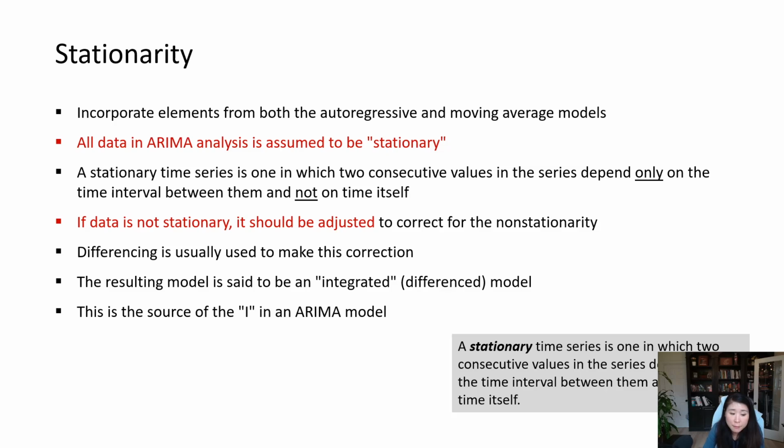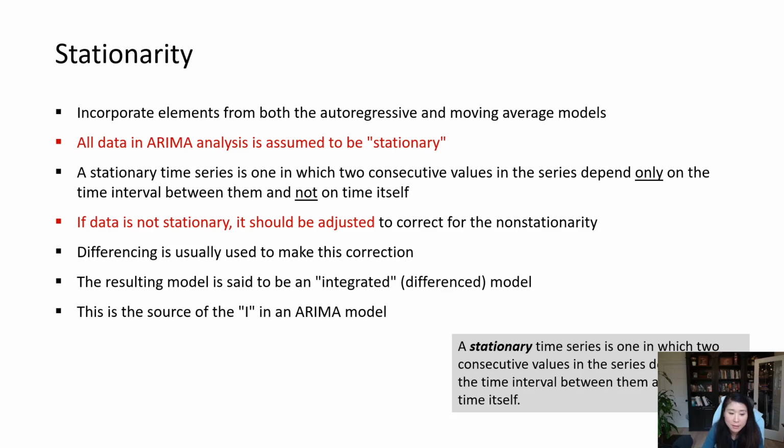There are two different methods we can use to convert non-stationary data to stationary data. One method is called differencing. Basically, we take two connected time series values and find the difference between them.